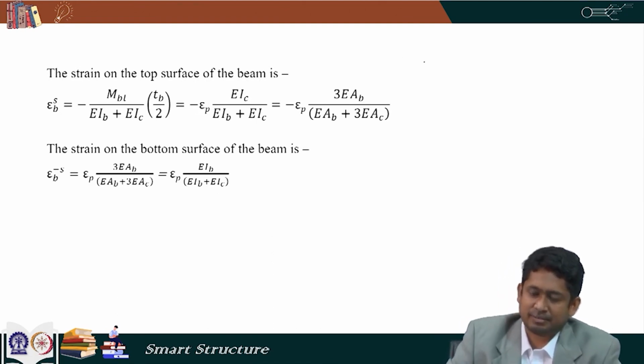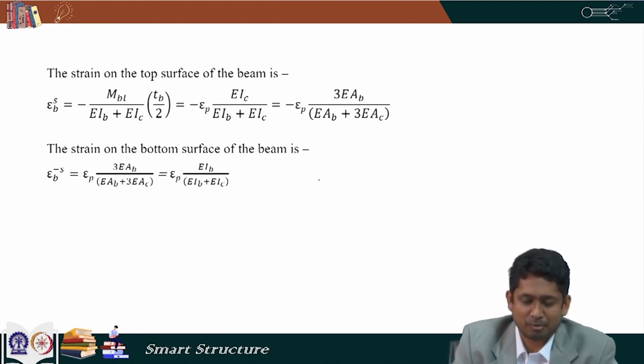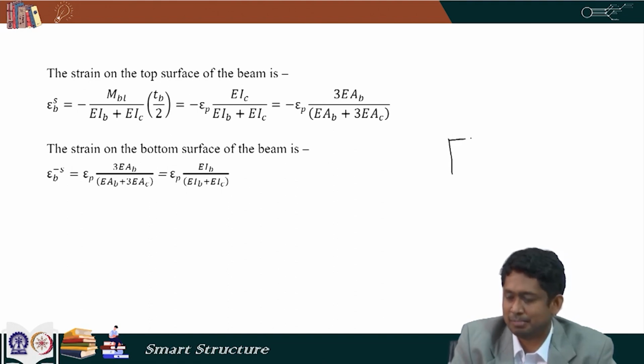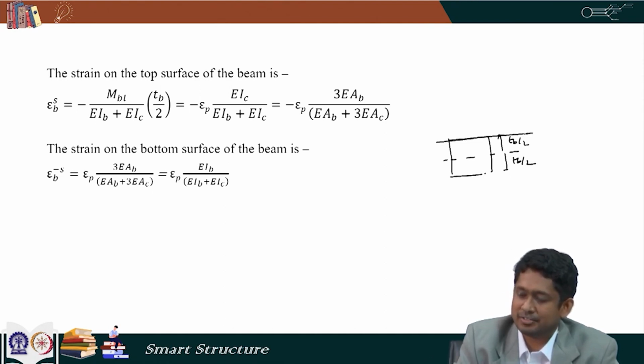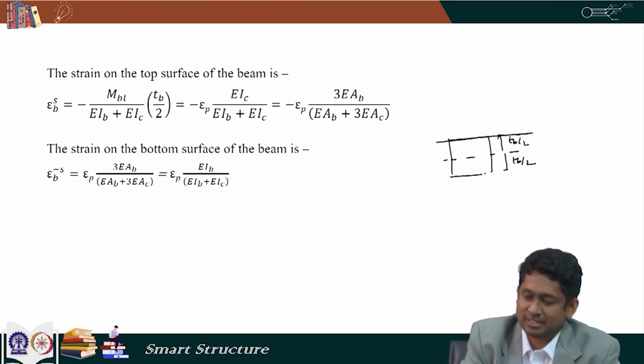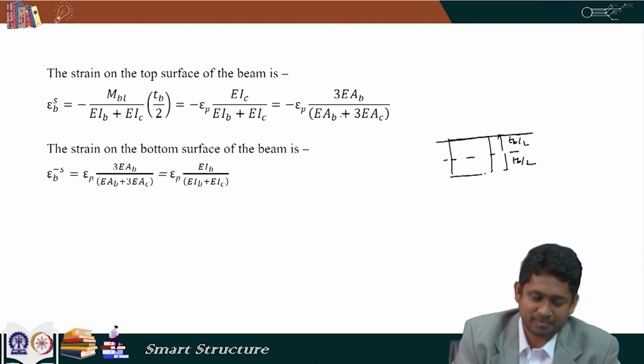Now, from that we can find the strain at the top surface of the beam. If this is our beam, here it is TB by 2, and here it is TB by 2. This is the beam without showing the actuator. If I want to find the strain here, we just replace Z by minus TB by 2, and we get the expression in terms of both EIC and EAB.